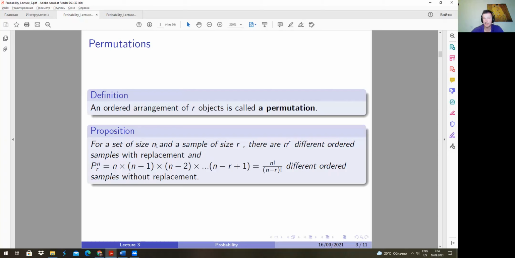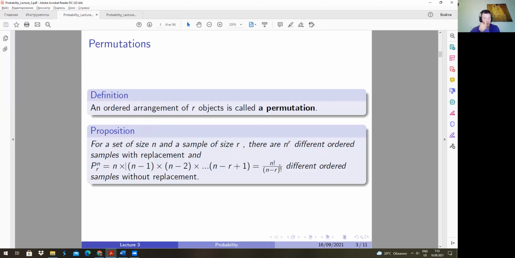For a set of size n and a sample of size r, there are n to the power of r different ordered samples with replacement. This is one statement. And permutations from n are calculated like n times n minus 1 times n minus 2 and so on.